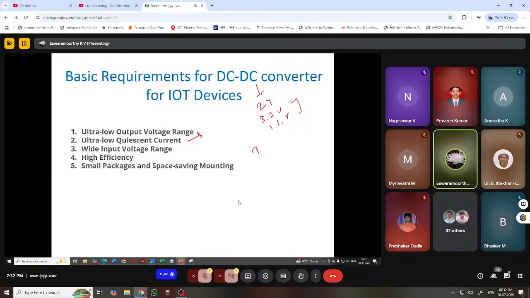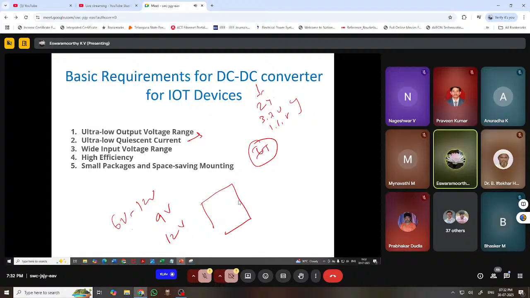Because already we know that we need to save the power in the IoT node. If a DC converter without working is taking power, then it is wasteful. Efficiency is going to decrease. And wide input range. Some of the things we can't forcefully ask the user to connect 12 volt or 9 volt. So we need to give the freedom to the user: you can connect 6 volt to 12 volt.